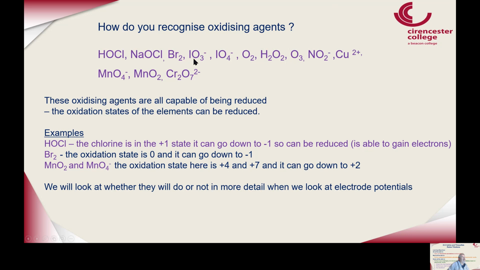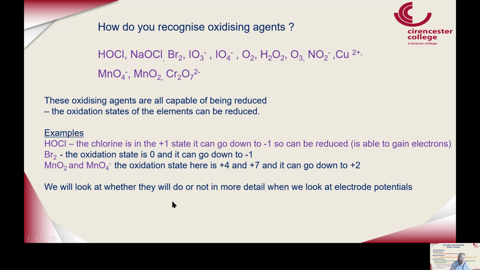Overall, the iodate ion is -1, so this iodine must be +5 to make the overall thing -1. So this is iodate 5, but this one is iodate 7 because 4 lots of 2- is -8. It's -1 overall, so the iodine's oxidation number must be +7. So you can see how that works, and obviously we've got that written down here as well.